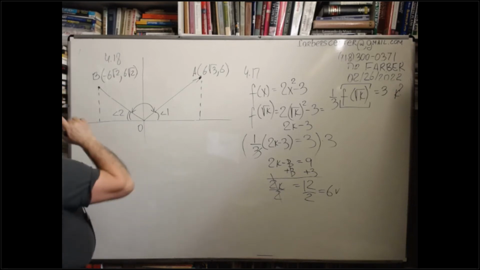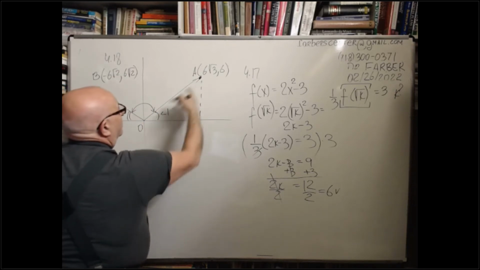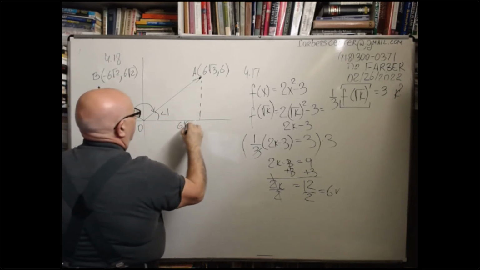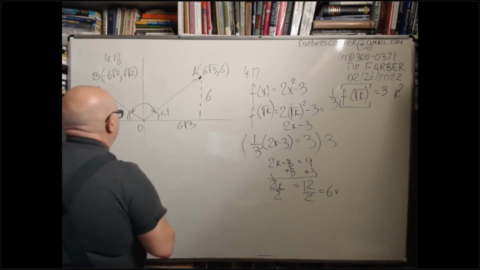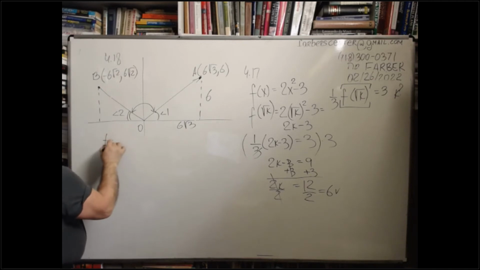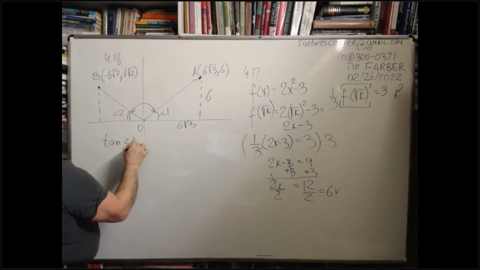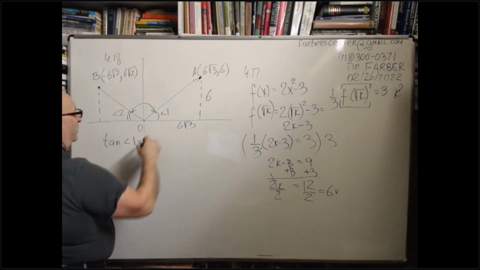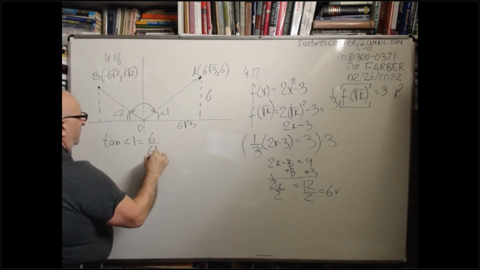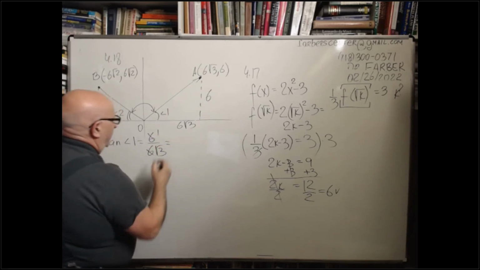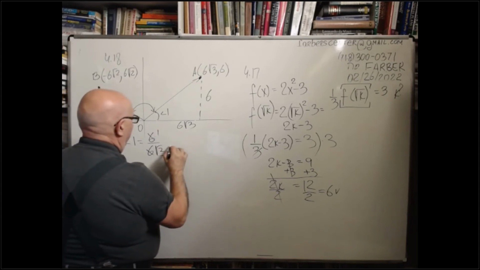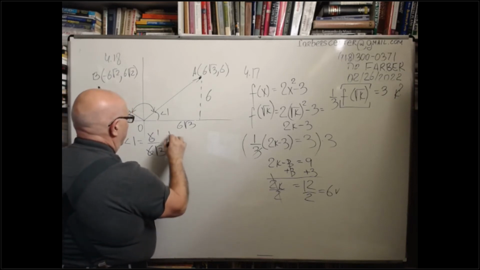Since 6 square root of 3 is the x coordinate and this is 6, you can easily write that tangent of angle 1 equals opposite over adjacent: 6 divided by 6 square root of 3. Cancel out and normalize. What is normalize? Get rid of the denominator's radical.